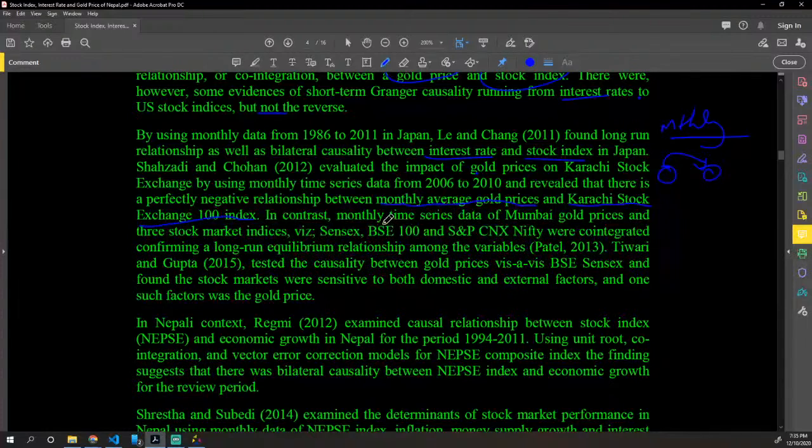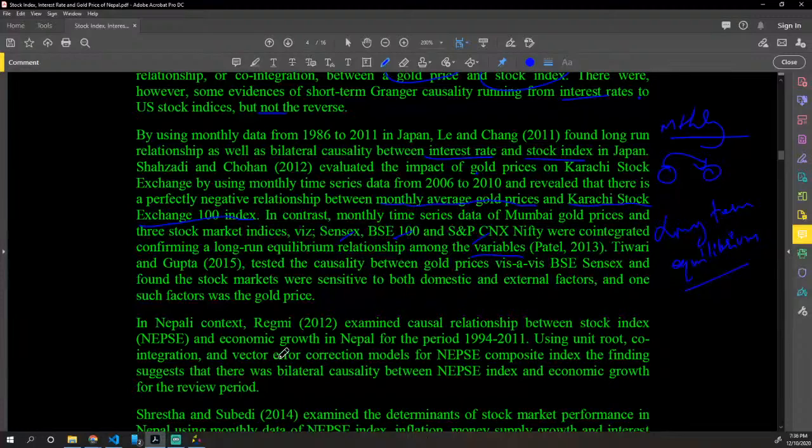In contrast, monthly time series data of Mumbai gold prices and 3 stock indices, which are Sensex, BSE 100 and S&P CNX Nifty, were co-integrated, confirming a long-term equilibrium relationship among the variables, between the 3 of them, right? 3 stock market indices and gold prices and stock prices.